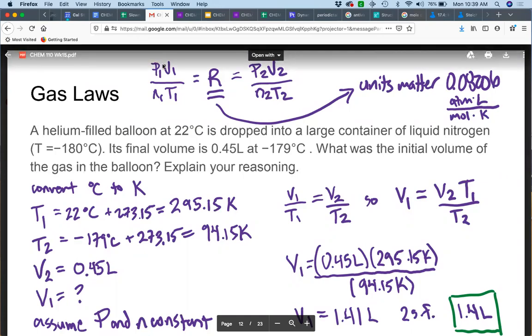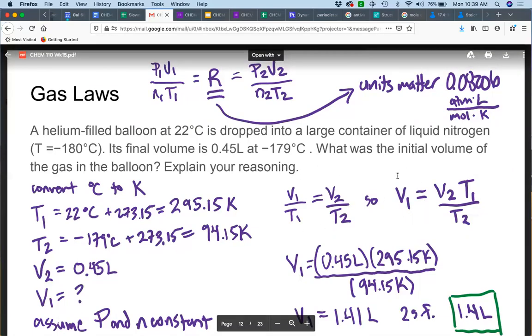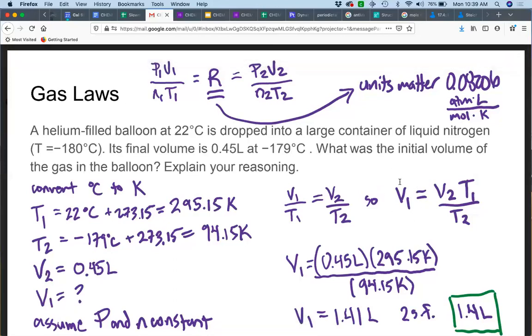So we're going to be able to simplify this equation overall so that we're solving V1 over T1 equals V2 over T2. And then I'm going to rearrange this expression so I can isolate V1 by itself. The reason why that's so important is because I'm going to then substitute and solve, and I want to make sure that my units cancel so that I have the correct overall units for my problem.